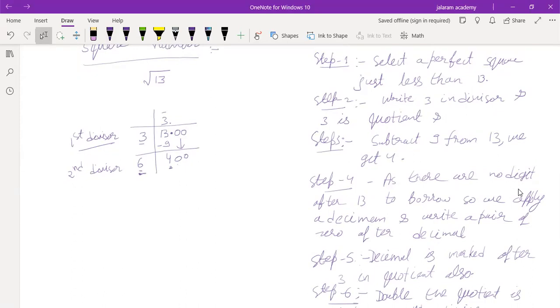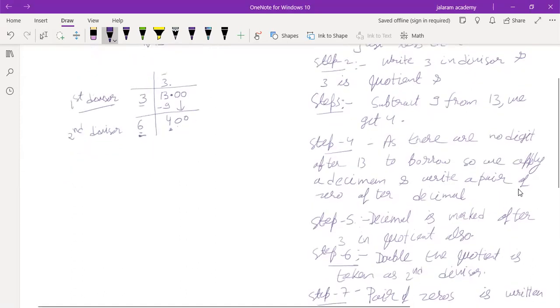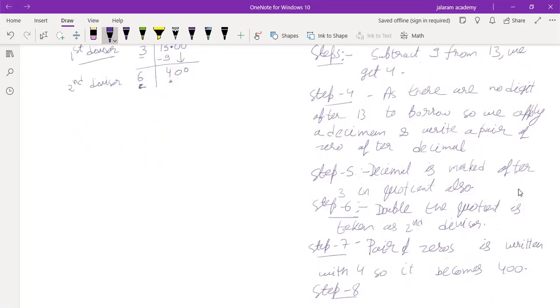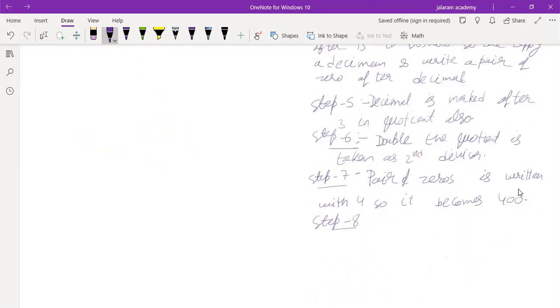But now if we multiply by 6, means if we write 6 in the quotient, we have to write 6 after the second divisor. So the second divisor becomes 66.